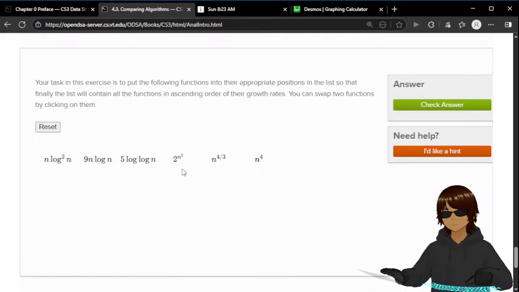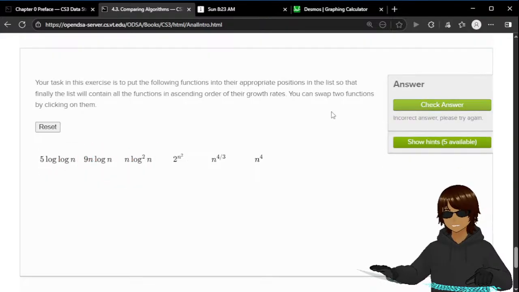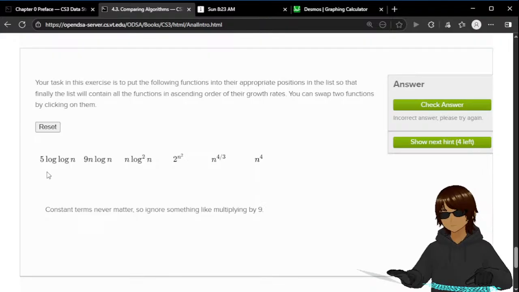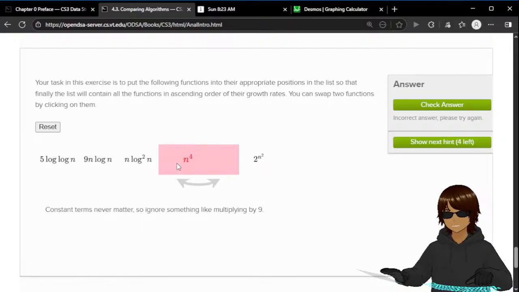Or maybe not. Why is there a 2 on top and no 2 over here? Log. This will be the smallest. Constant terms never matter, so ignore them, like multiplying 9. So 9 and 5 do not matter. This 2 over here bothers me. Maybe this goes here. This goes here.